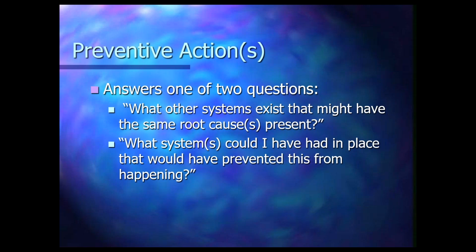We still see it in some standards, including IATF 16949. Preventive action is an interesting idea. It asks the question, are there other systems in my company that might have the same root cause present? Are there things that I could have had in place that would have prevented this from happening?